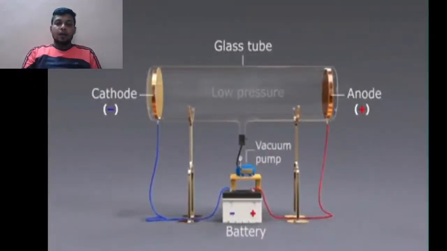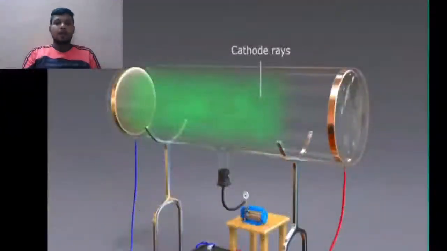Here, when we pass the cathode rays, you can see the greenish glow. These are the cathode rays. When we pass them through the glass tube, they are attracted towards the positive plate.